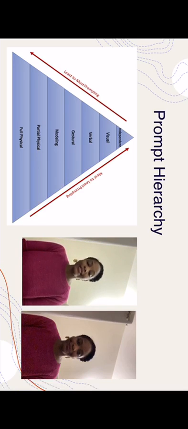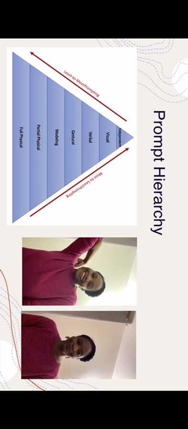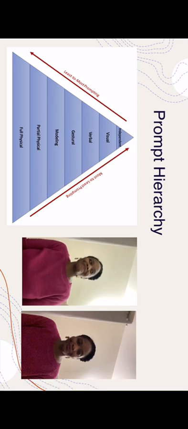The next is a verbal prompt. And if you're anything like me, you talk. And so verbal prompts are just that. We'll go back to the example of driving in the car and stopping at the green light and being stopped at the green light.